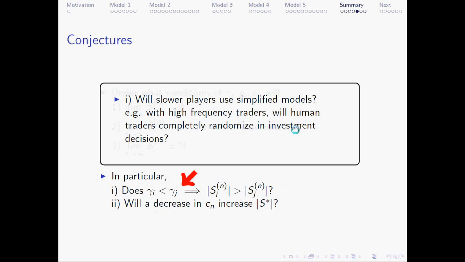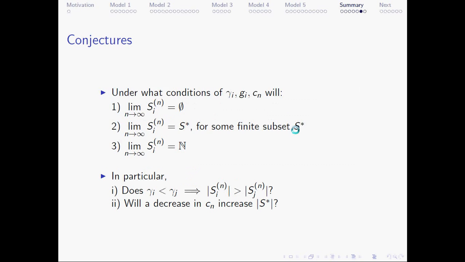For example, with high frequency traders, human traders just completely randomize because the computer traders are too fast. So I have no reason to think about anything. I just randomly act, which is consistent with something called the no arbitrage principle, or the one fund theory, which means people can basically randomize their investment choice. The other question I want to ask is, does a decrease in C, the cost of building models, increase the equilibrium model complexity?